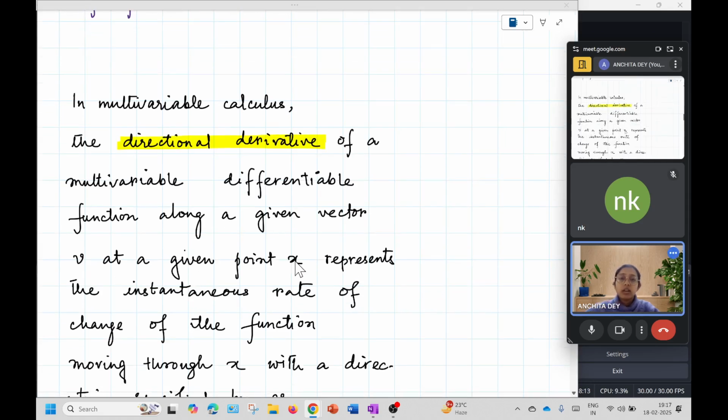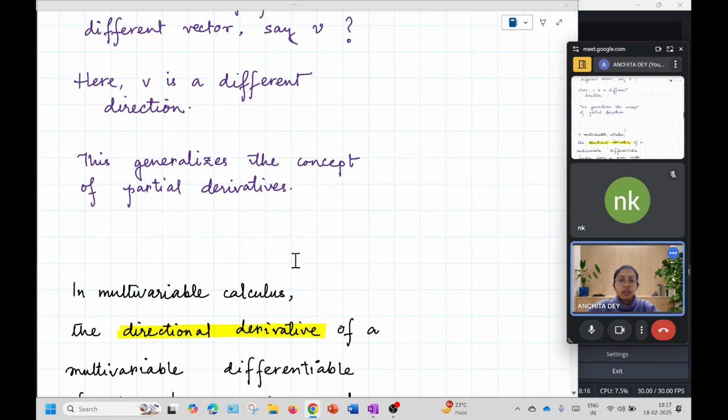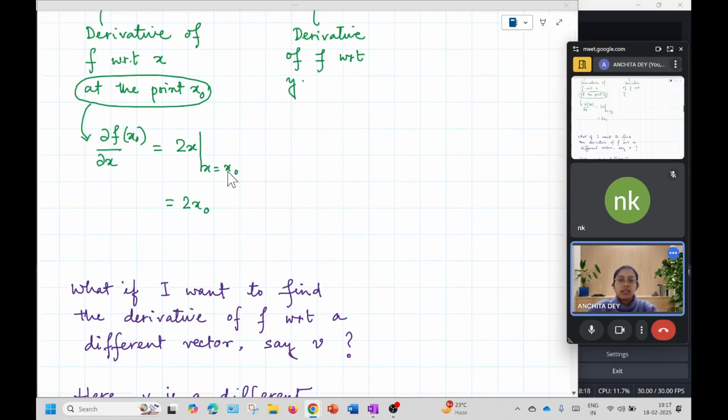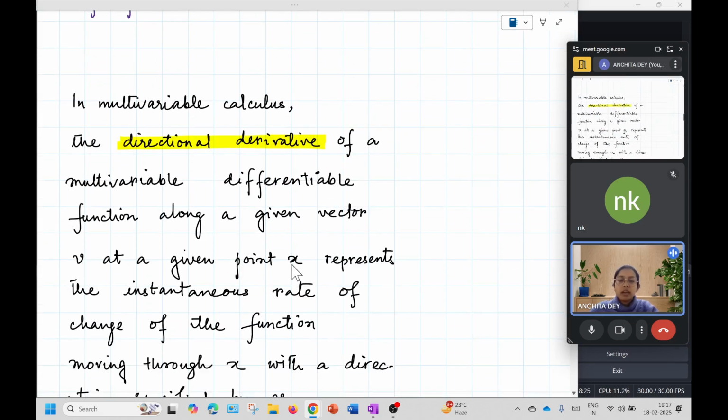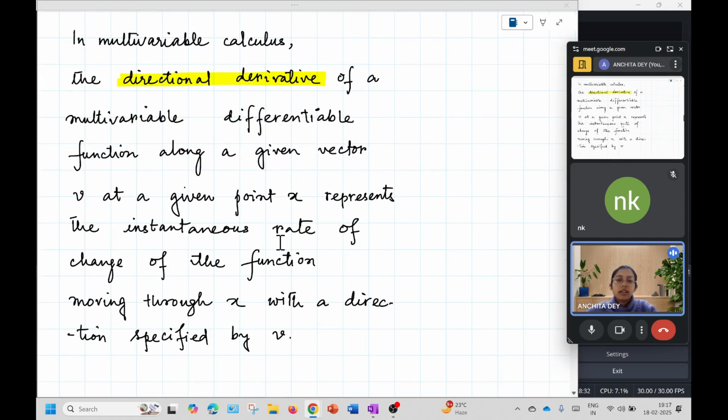Like last time we evaluated it at x naught, in this case we can find the derivative and evaluate it at some point x. Okay, x is a generalized point. What does this directional derivative represent intuitively? It gives us an idea about the instantaneous rate of change of the function f moving through x with a direction specified by v.